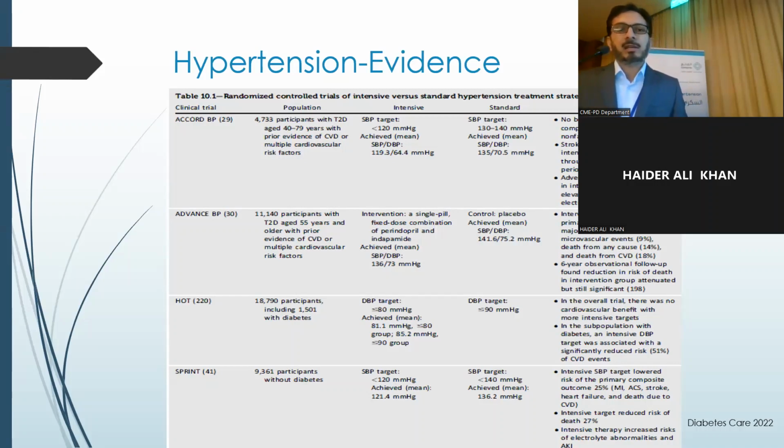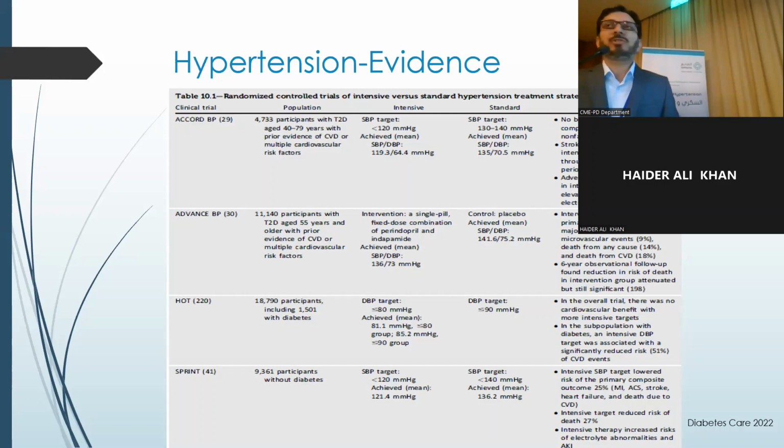The HOT trial included a small number of diabetic patients, and it also showed overall no cardiovascular benefit in most targets, but in diabetic patients there was a significant 51% risk reduction in CVD events.